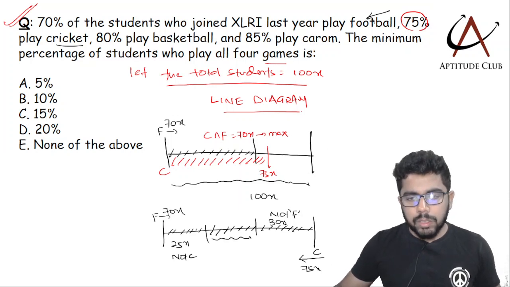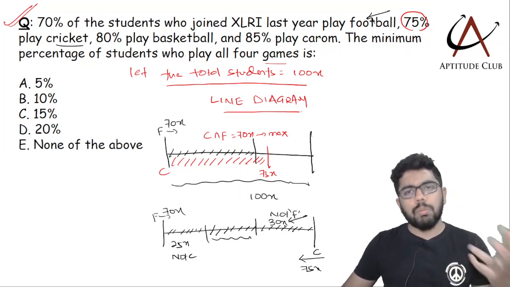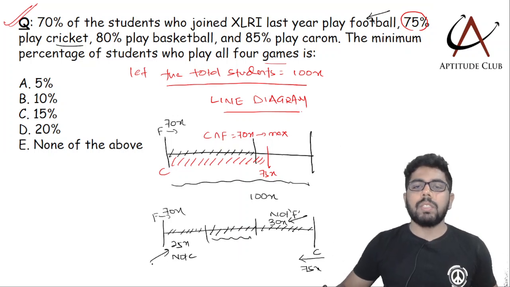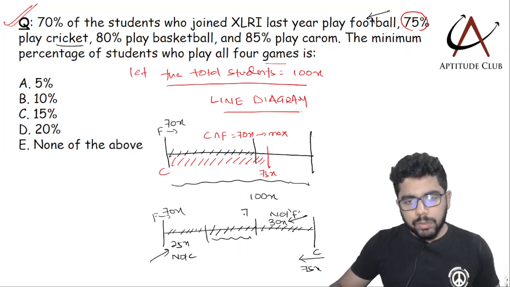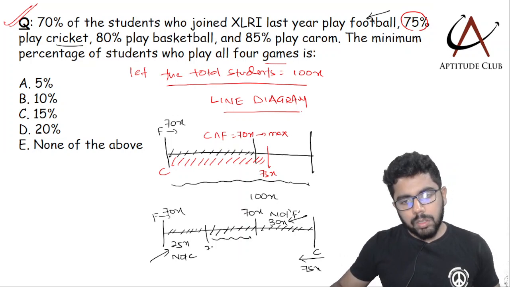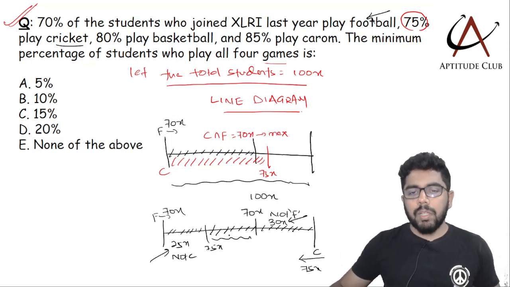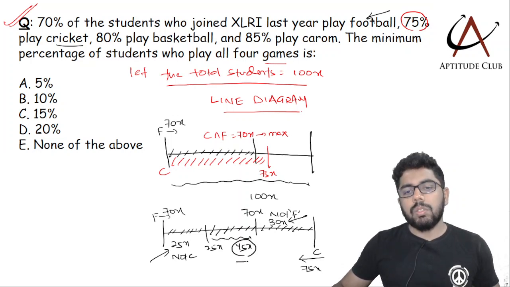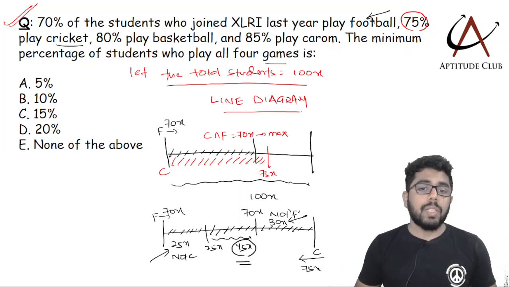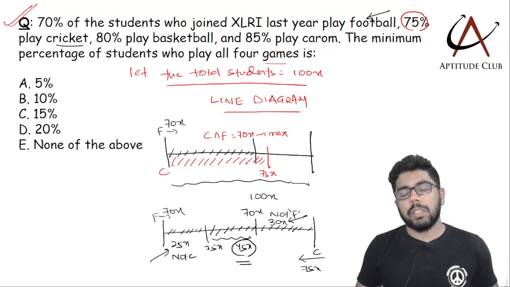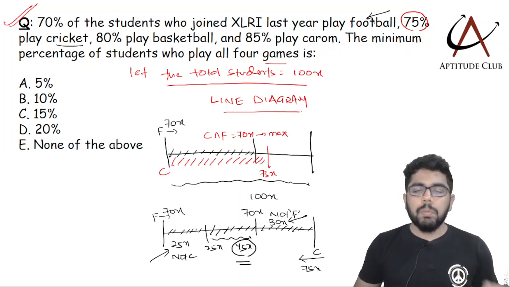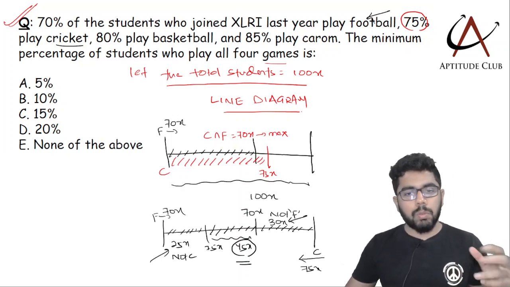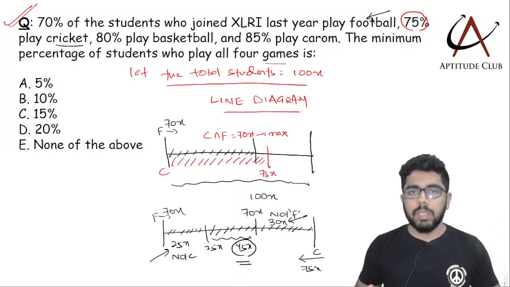Total is 100x. I'll exclude 30x because they don't play football, and I'll exclude 25x because they don't play cricket. So I'm left with 100 minus 30 minus 25, which is 45x. So the remaining 45x people, that's the minimum that I can get. So the minimum number of people who play both cricket and football is 45x, whereas the maximum is 70x.